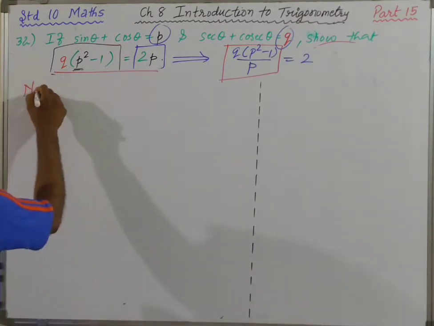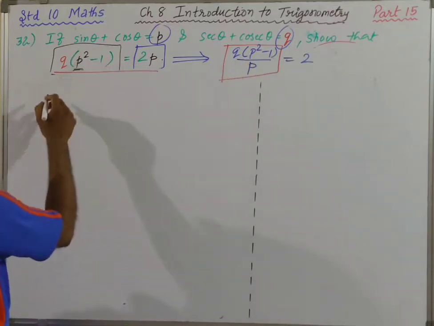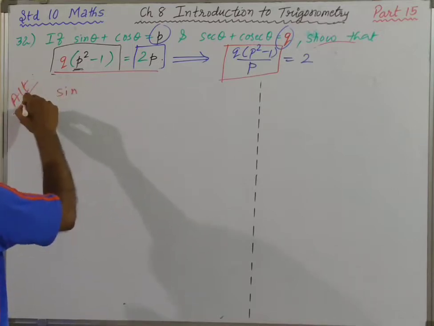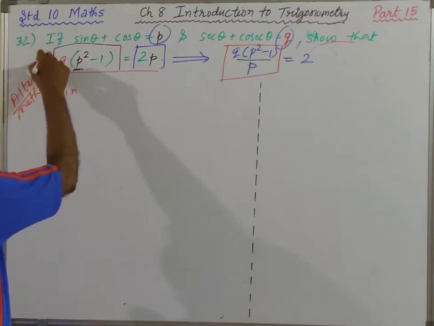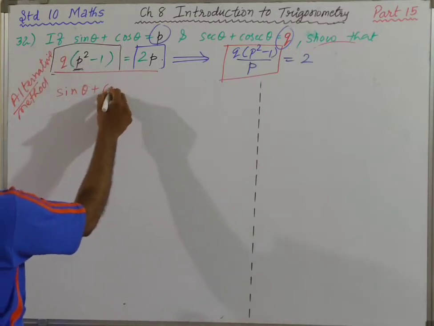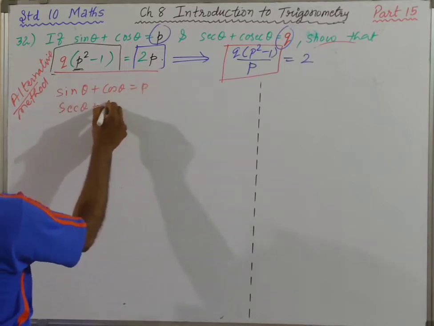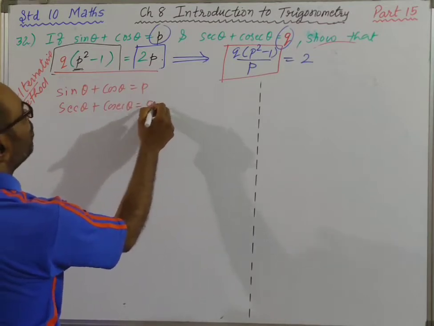I'll straight away start with that expression. Now, okay, first that given, alternative method. Alright. Sine theta plus cos theta is equal to p, and sec theta plus cosec theta is equal to q.